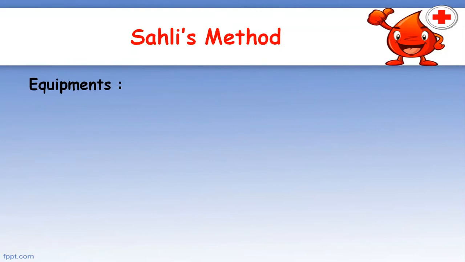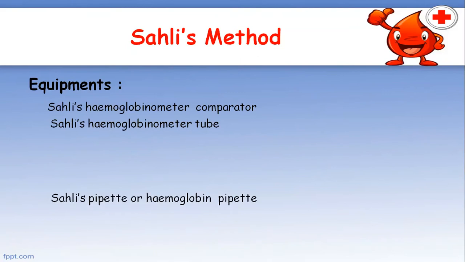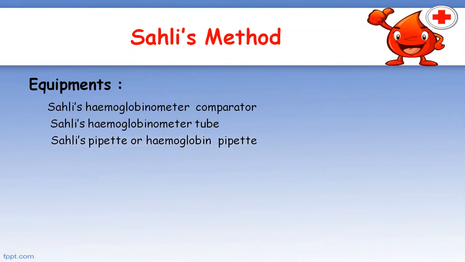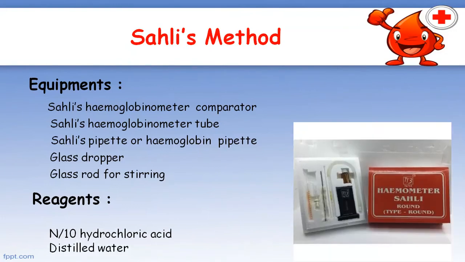In that, the equipment is: first, Sahli's hemoglobinometer, comparator, Sahli's hemoglobinometer tube, Sahli's pipette or hemoglobin pipette, glass dropper, glass rod for stirring, and the reagents are 0.1 normal hydrochloric acid and distilled water. This is the Sahli's hemometer.